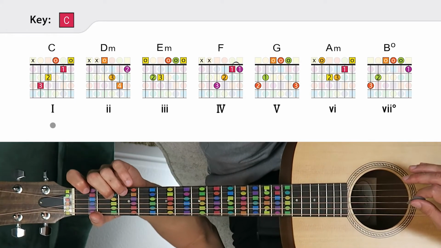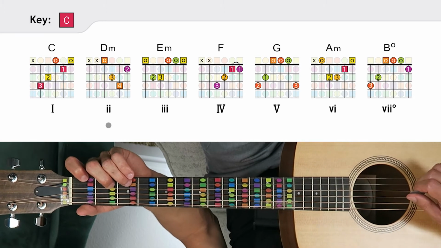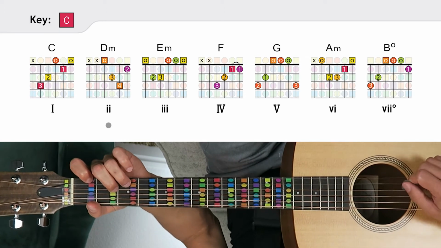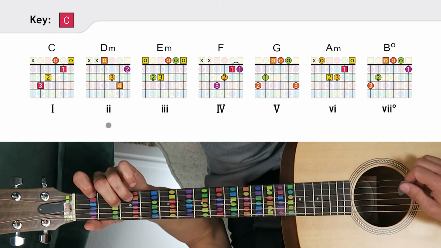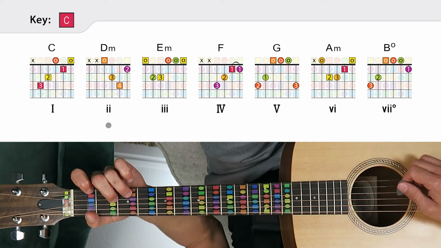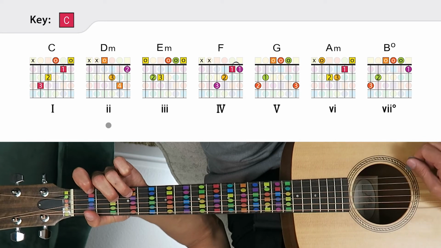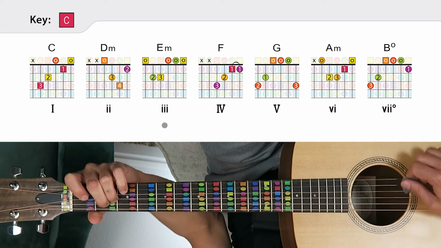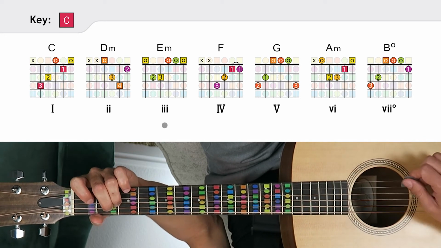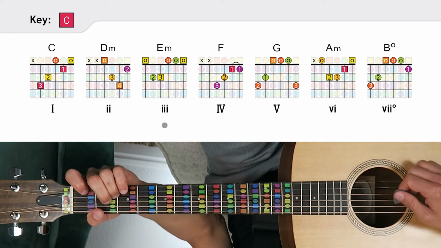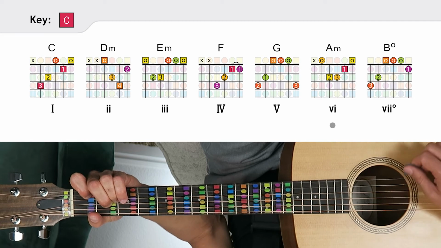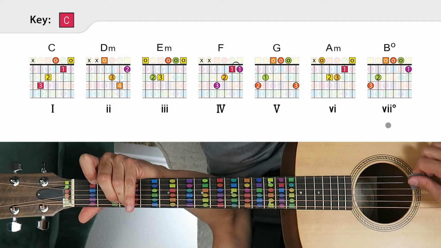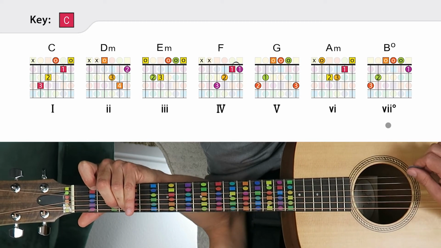Or we can dip into the darker, more melancholy sounds of the key, those chords that are minor and also diminished. We can throw that in here. So let's say instead of the major chords, we play a minor 2, D minor, E minor, which is the minor 3, and the A minor, which is the 6, and throw in a B diminished chord.